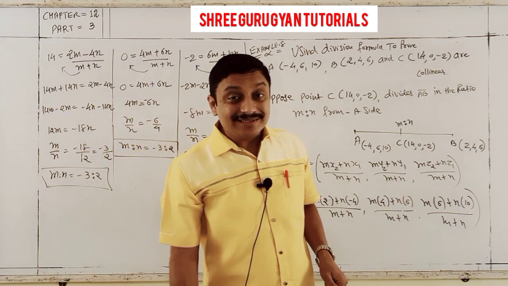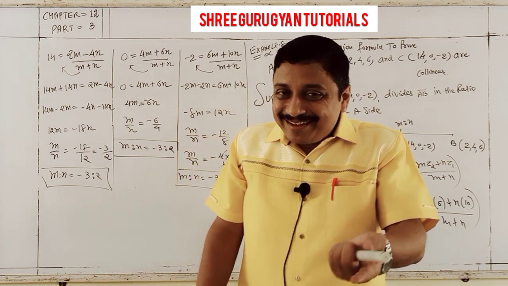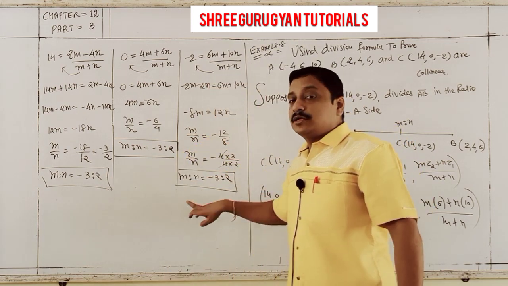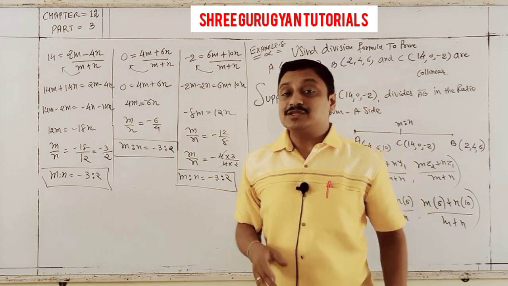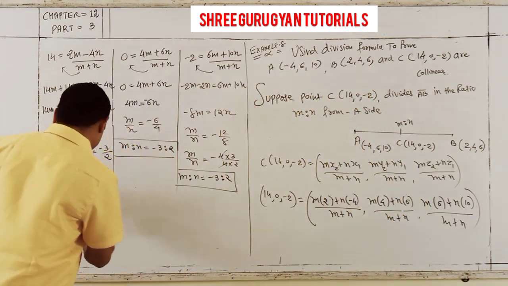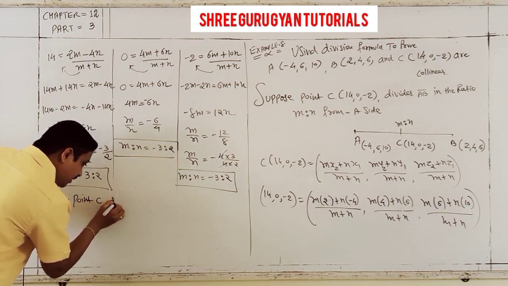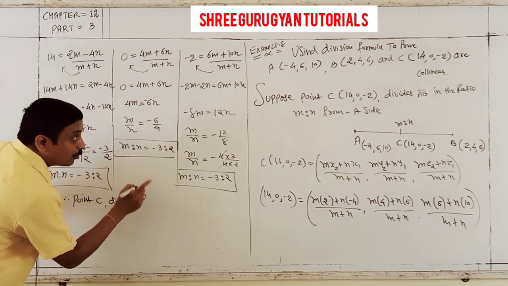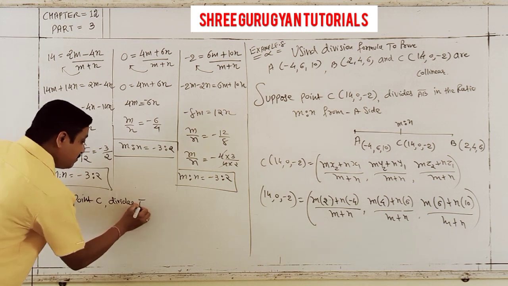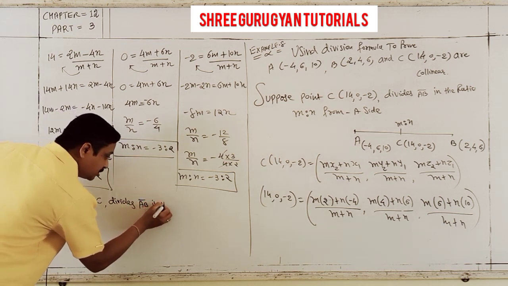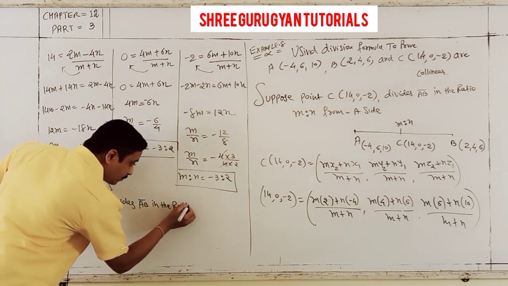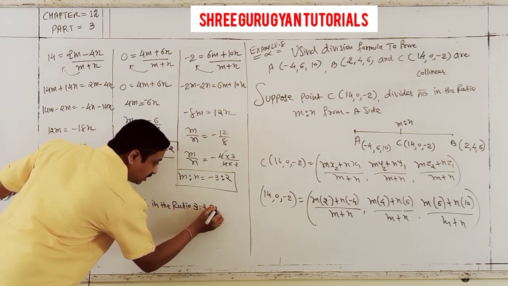Sometimes they are not the same; if not the same, they are not collinear. But if they are the same and all are other than 0 and other than minus 1, so we will write down: therefore, point C divides AB in the ratio 3 to 2 externally.